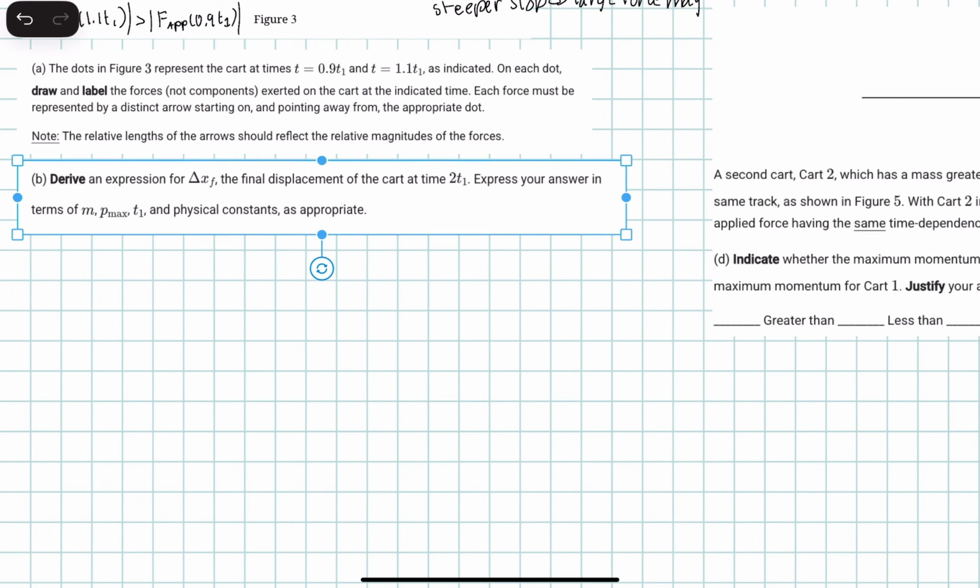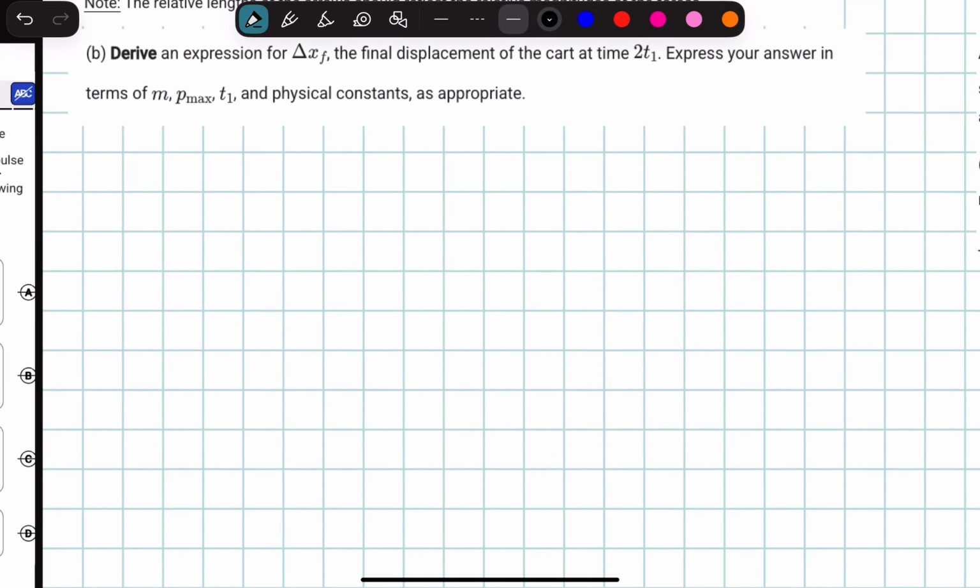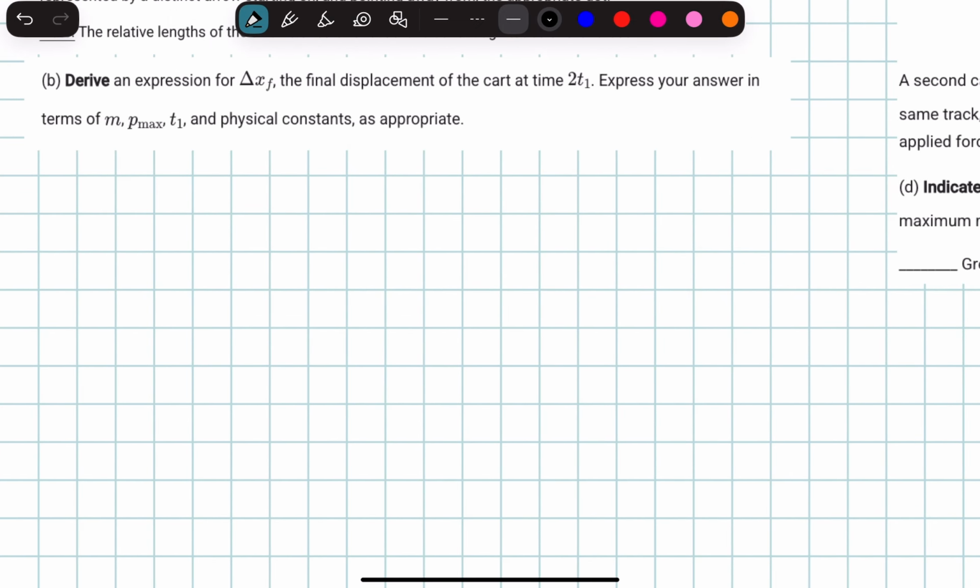Now derive the expression for delta x, the final displacement of the cart at time 2t1. Express your answer in terms of m, p max, t1, and physical constants as appropriate. What do we know about the connection of displacement to velocity? Displacement, delta x, is equal to the area under the velocity time graph.